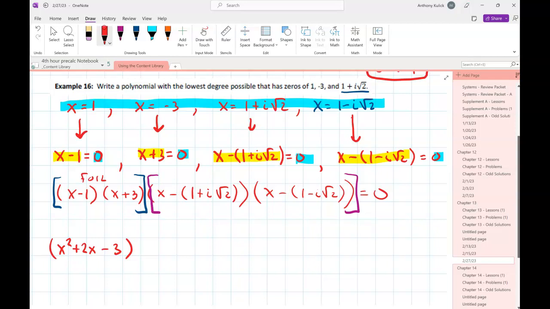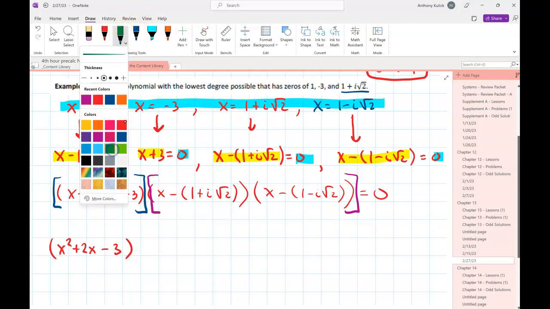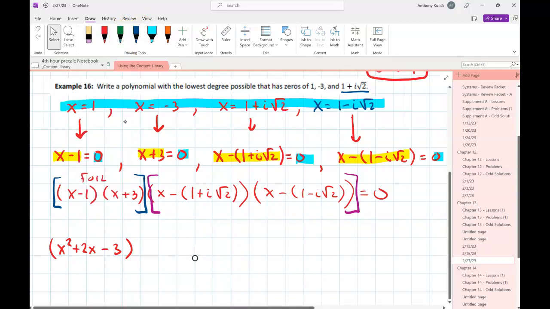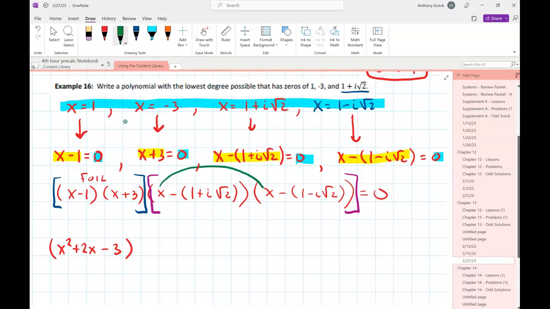This next one I'm going to FOIL slowly and carefully all together so you guys can see what's happening. Is everybody okay with that? So I'm going to do x times x. That's x squared. Then I'm going to do x times that whole quantity. I'm going to just write it that way. And I'm going to do this one.